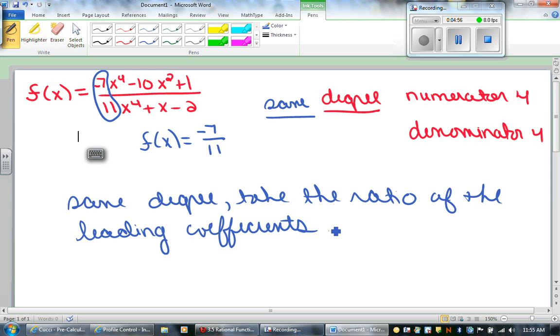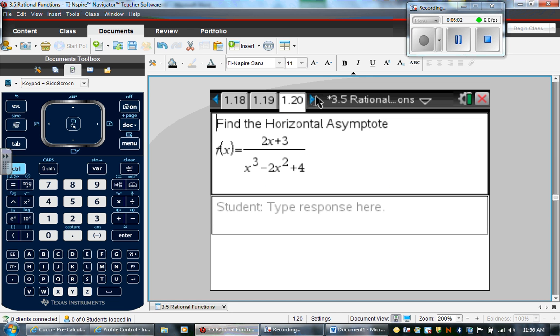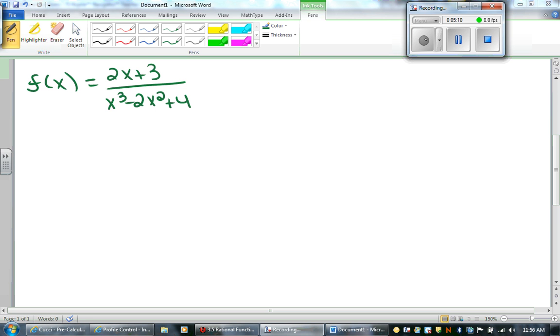Okay, so the next one is finding the horizontal asymptote for 2x plus 3 over x cubed minus 2x squared plus 4. Okay, so we're gonna look at the same general thing. First, we're gonna look at the degree.